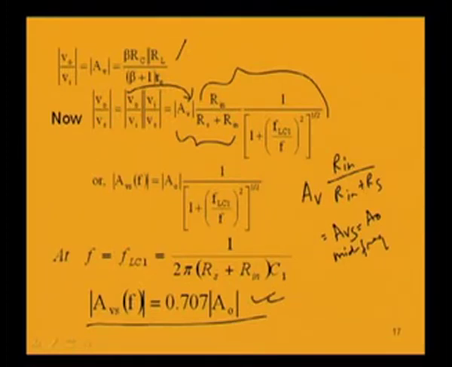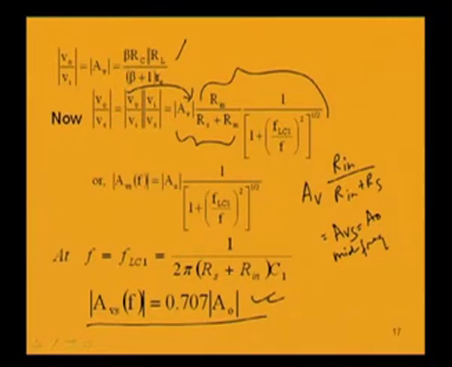So, now the lower cutoff frequency due to C1 is equal to 1 by 2 pi (Rs plus Rin) into C1, because at that frequency when you substitute F is FLC1, then we get our required criterion that the voltage gain drops to 0.707 times the mid frequency gain.